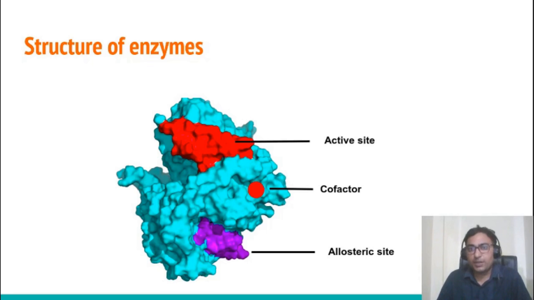The protein part of any enzyme is known as apoenzyme, whereas the complete enzyme, that is apoenzyme plus coenzyme or cofactor, is known as holoenzyme. The functional capability is contained only by the holoenzyme. The apoenzyme alone could not catalyze any reaction.